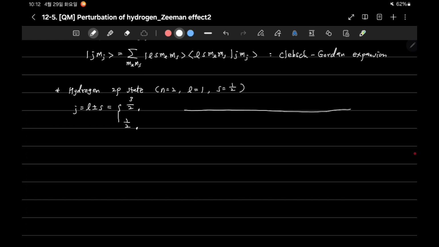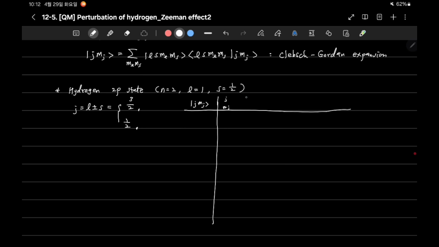Then in the Clebsch-Gordan coefficient case, the basis is J and MJ.